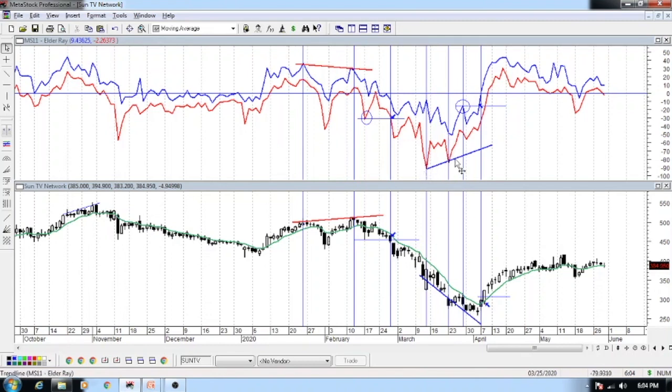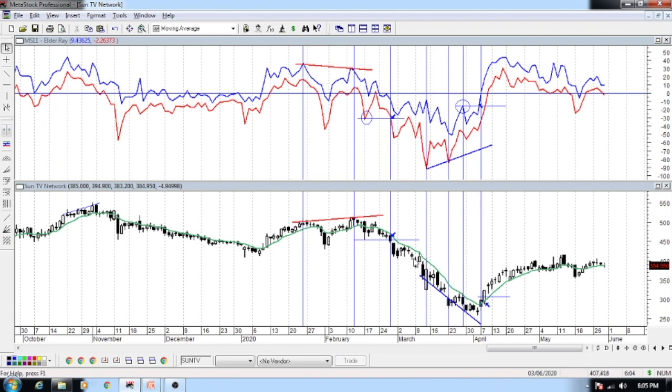So this is basically a positive or bullish divergence between the price and the oscillator. And the third thing is the peak in the bull power. The blue line is the bull power, and we have this peak which was made on 27th March, and now this peak is being crossed again by the bull power line on 3rd April.